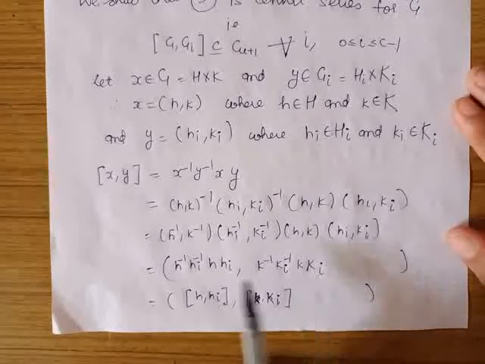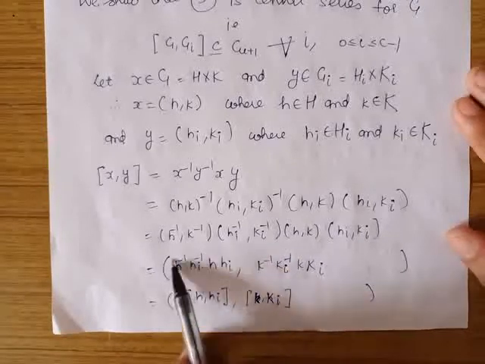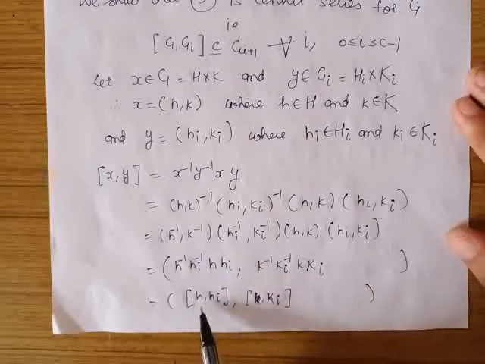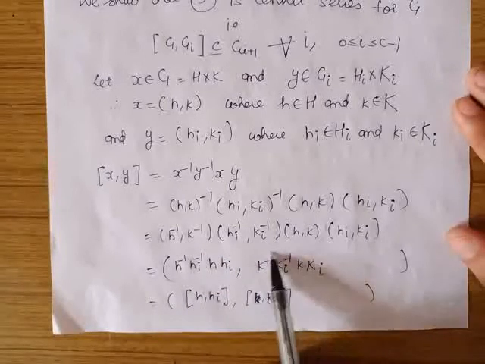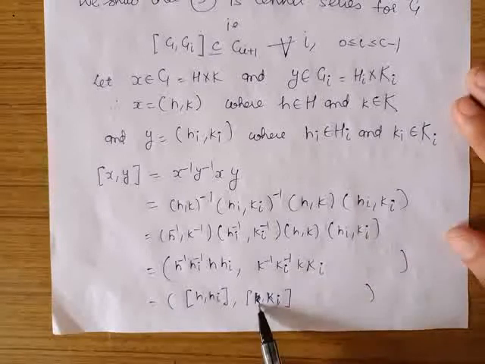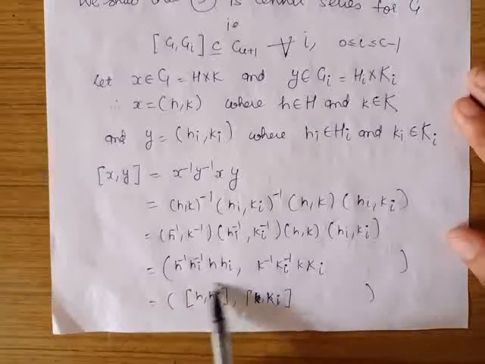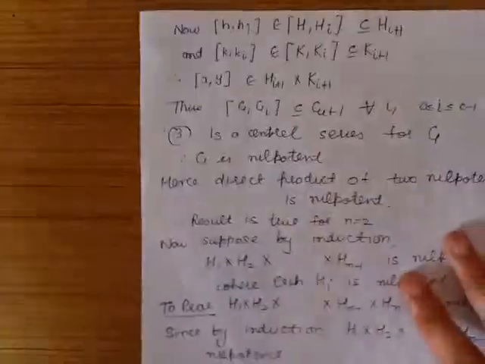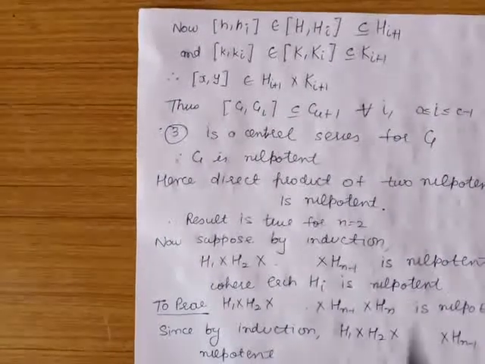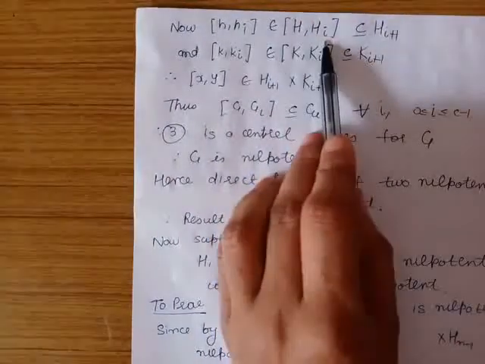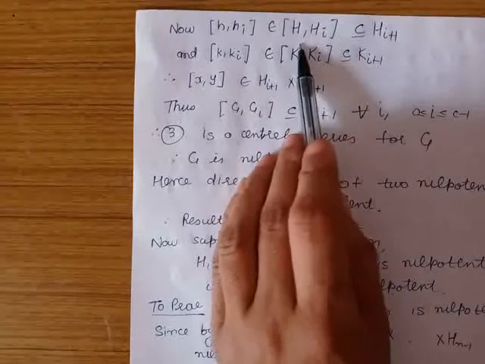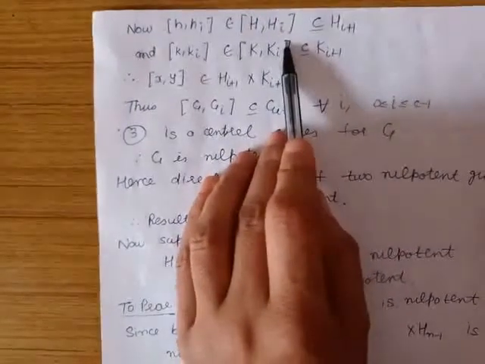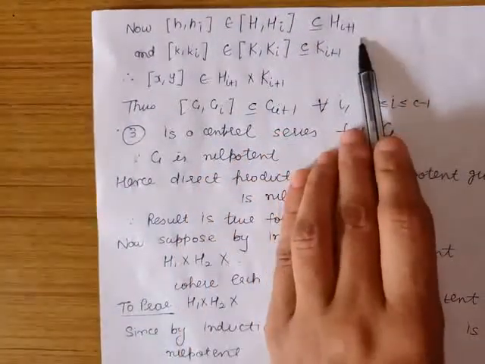Now by definition, this expression is the commutator of H with Hi, and this is the commutator of the element K with Ki. Because the commutator of H with Hi belongs to the commutator of the group H with Hi, and that is contained in Hi plus 1.